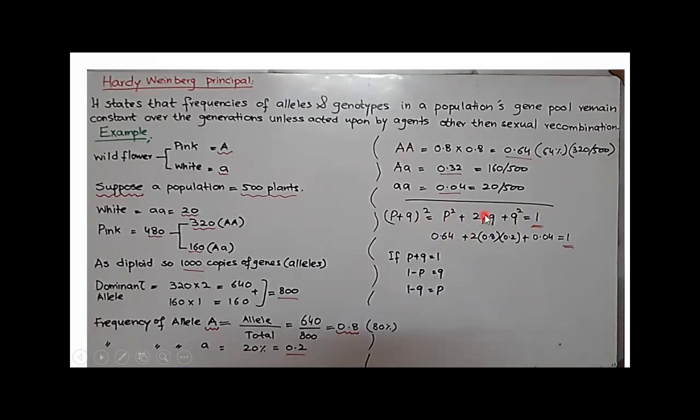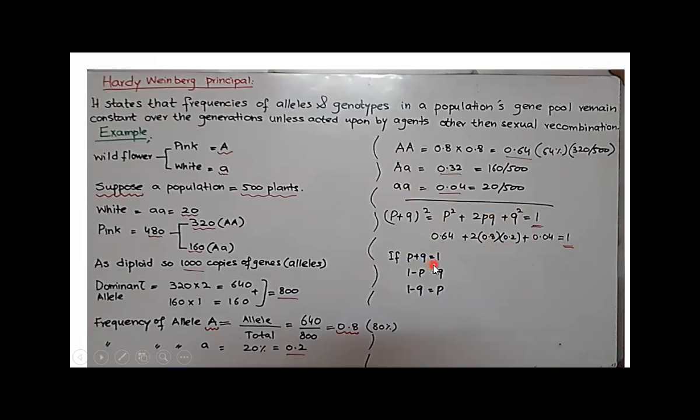In 2PQ, P is the dominant allele, Q is the recessive allele, and Q square shows the homozygous recessive form. When we put the ratios, 0.64 for the P square, and 2PQ, and plus for Q square we take the value of small a homozygous recessive, that will be equal to 1. So we can measure the value.